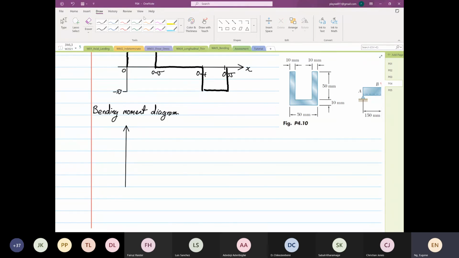So this is our bending moment diagram. This is X, and this is our moment. The same 0, 0.15, 0.4, and this is 0.55.